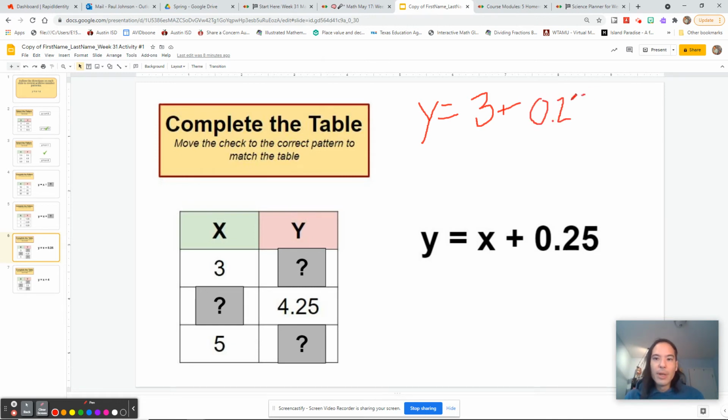And remember, treat it like money. This is $3. This is a quarter. So if you added $3 and a quarter, you would have $3.25.